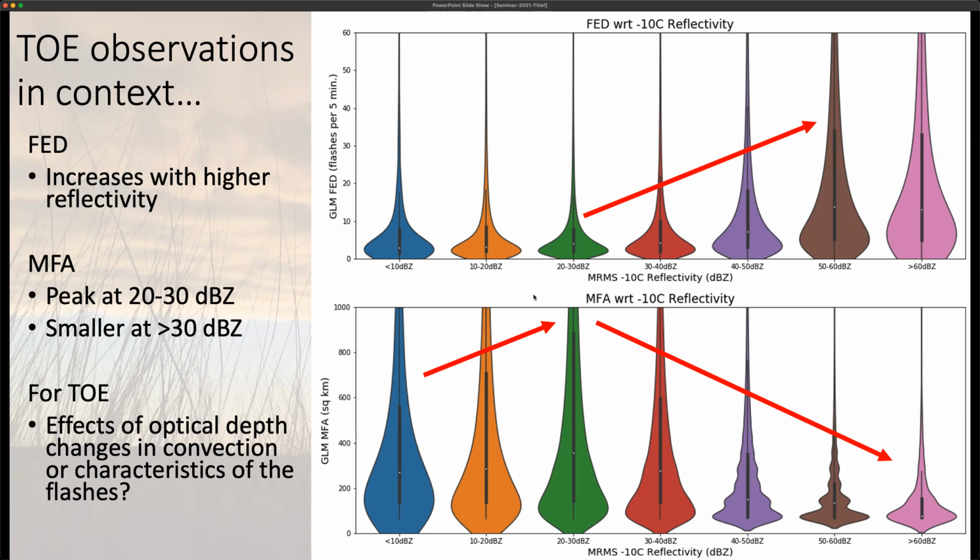Depending on how we sampled the data, that could also in some ways vary our results. And so we're really left with the question of, is this the effect of the optical depth changing within the storm, or the characteristics of the flashes themselves? That's something that we aren't able to definitively say based upon this bulk study.